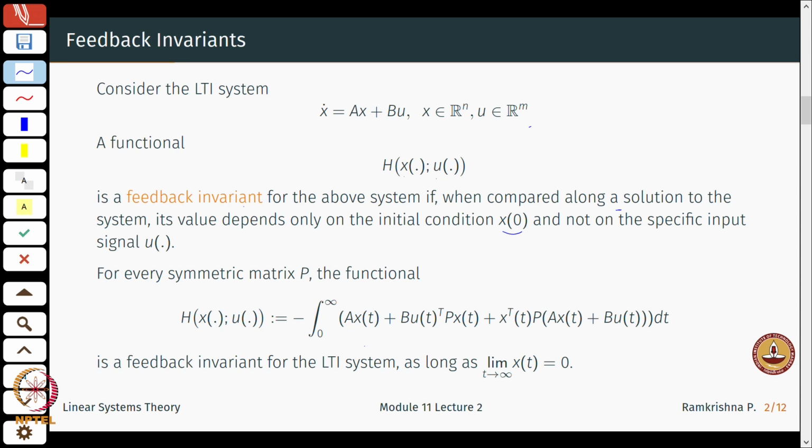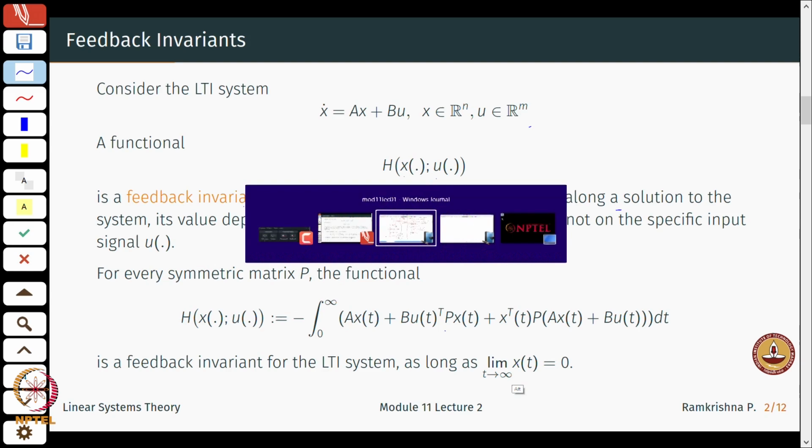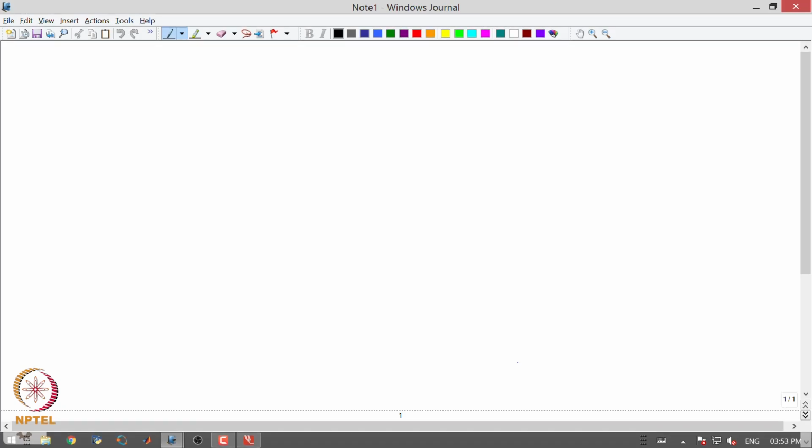For example, for every symmetric matrix P, this particular functional is a feedback invariant for the LTI system as long as the system is asymptotically stable, in other words, the limit as t tends to infinity of x of t goes to 0. We will do a little proof of this.